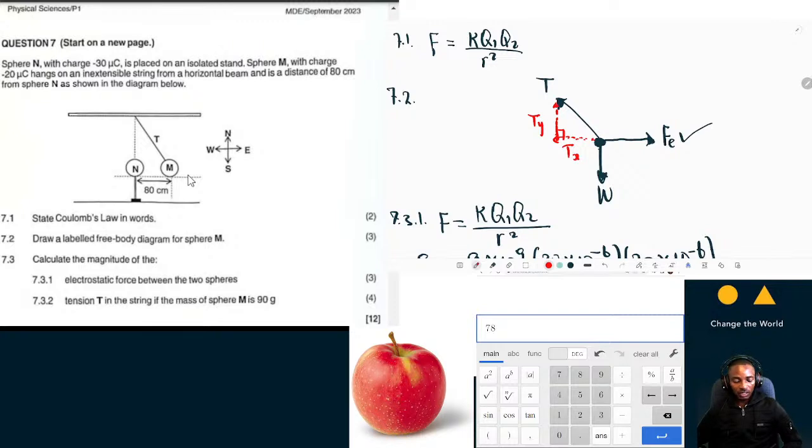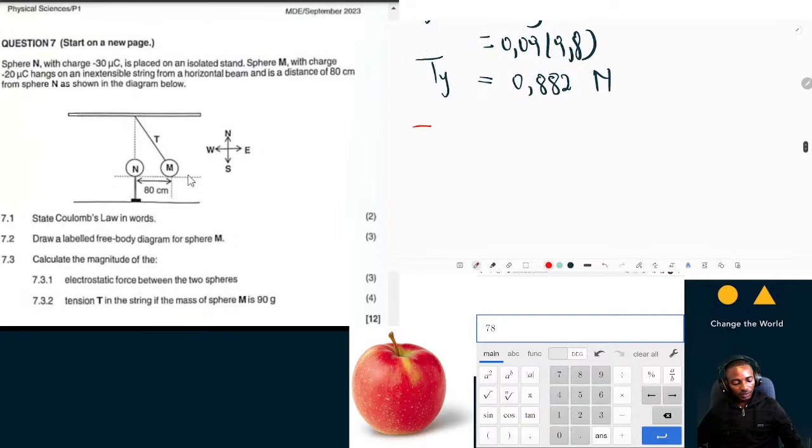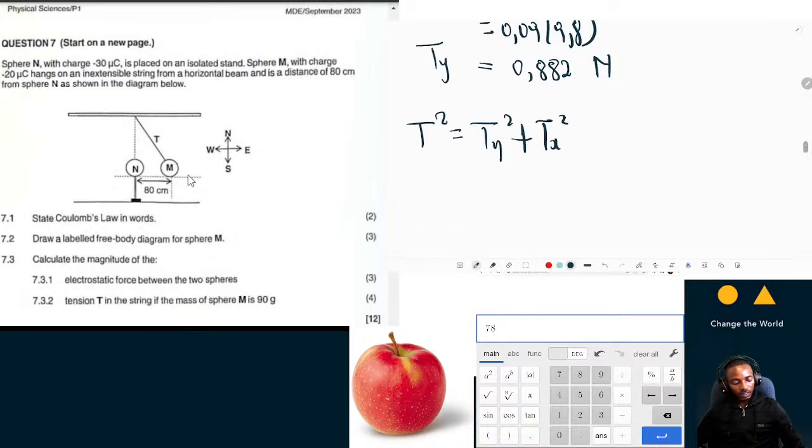So according to Pythagoras, the square of Ty plus the square of Tx should be equal to the square of T. Now T squared should be equal to Ty squared plus Tx squared by Pythagoras.